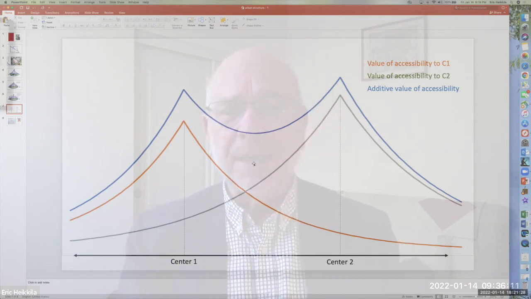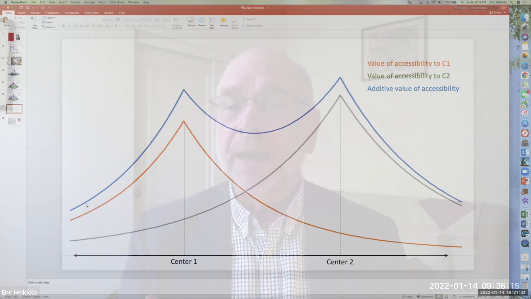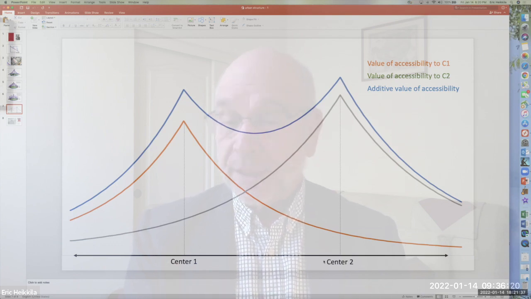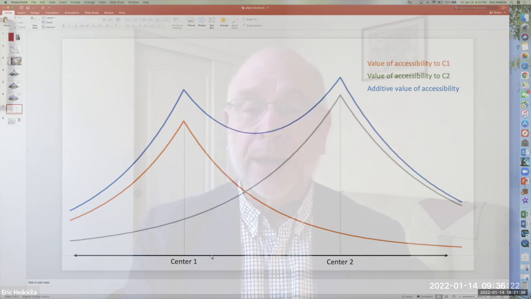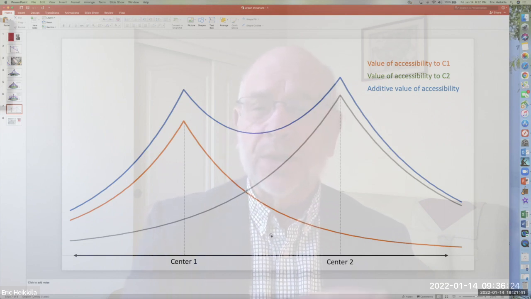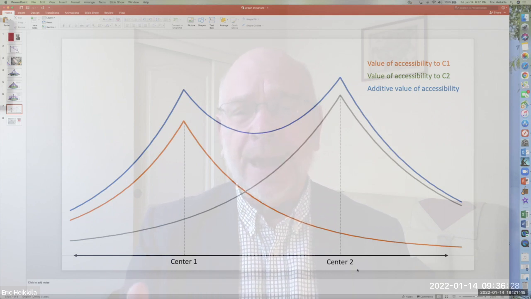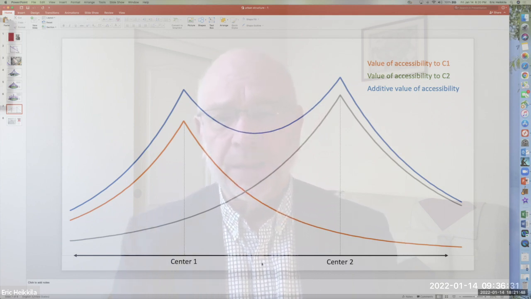But the basic idea is that being in a location that is accessible to multiple attractors is going to have more value. And so that's represented here by that additive value of accessibility.